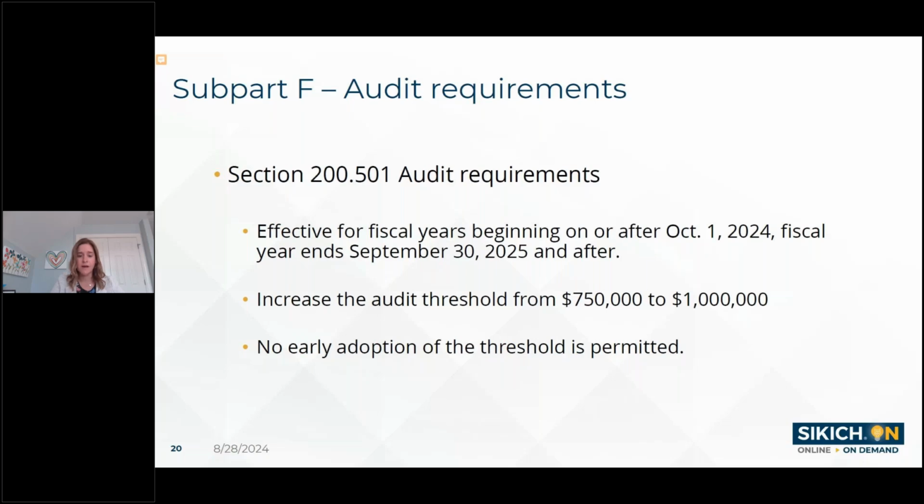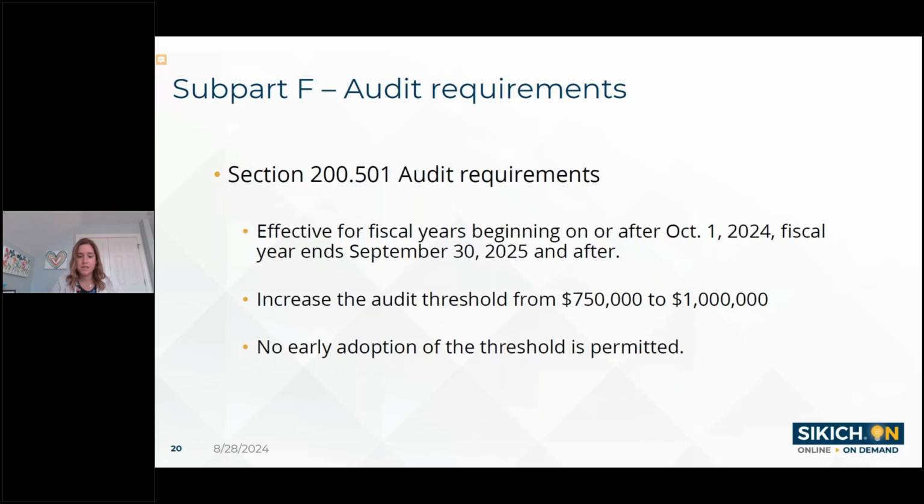September 30, 2025 will be the first fiscal year end that these new audit requirement thresholds apply to. So unfortunately, not this upcoming audit period. If you're currently in the midst of your audit, or you have a September 30 year end and you're gearing up for that, these new requirements do start with years beginning after October 1st, 2024.